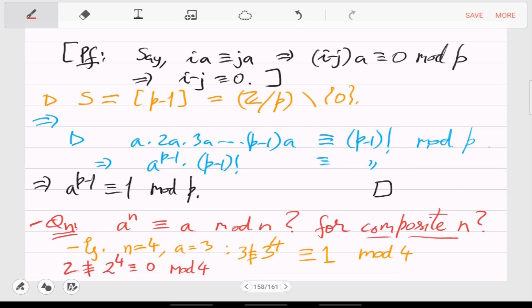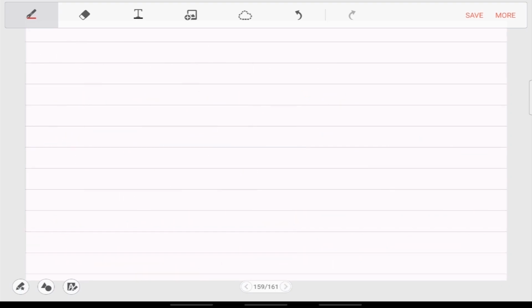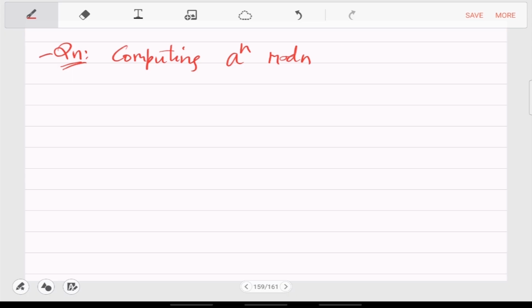So you can actually use this test in a way to get some confidence whether n is a prime number or not. It can be thought of as a primality test, which raises the question, how will you compute a to the n mod n? So again, n we consider in computer science very large, right?